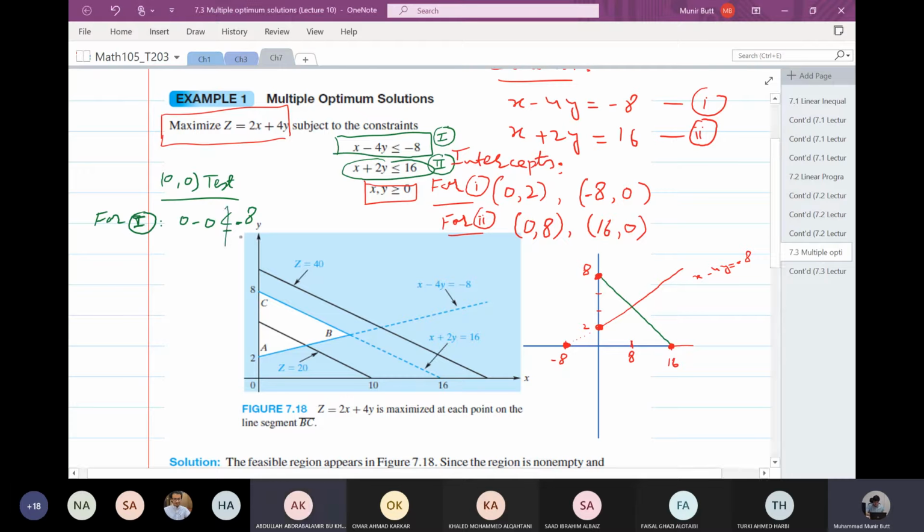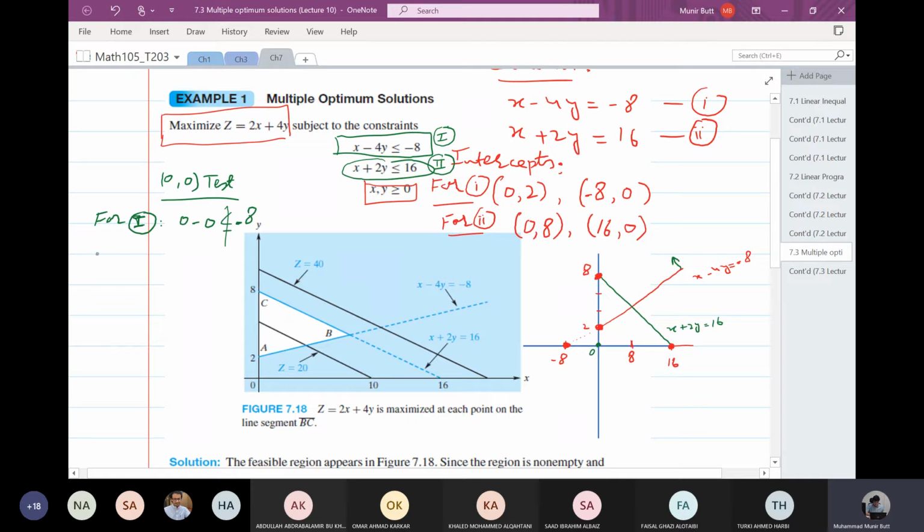So it means that our red line was the first line, and the green line was x plus 2y is equal to 16. It means that 0 0 was here. So it cannot go down. So above that line is the solution. This arrow I just make to remember that it was below or above.